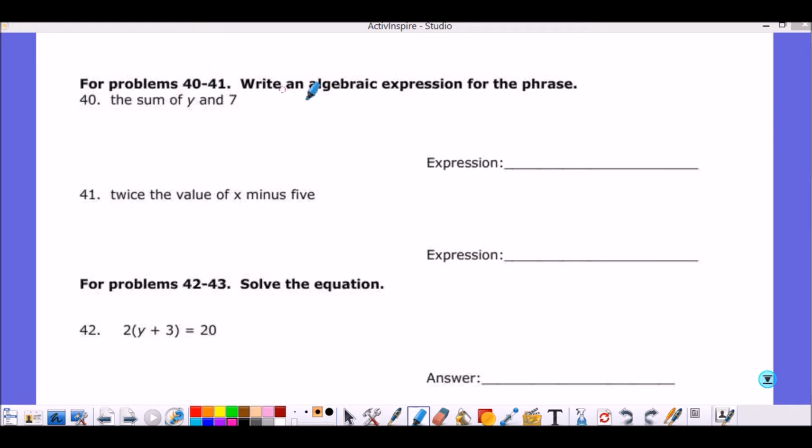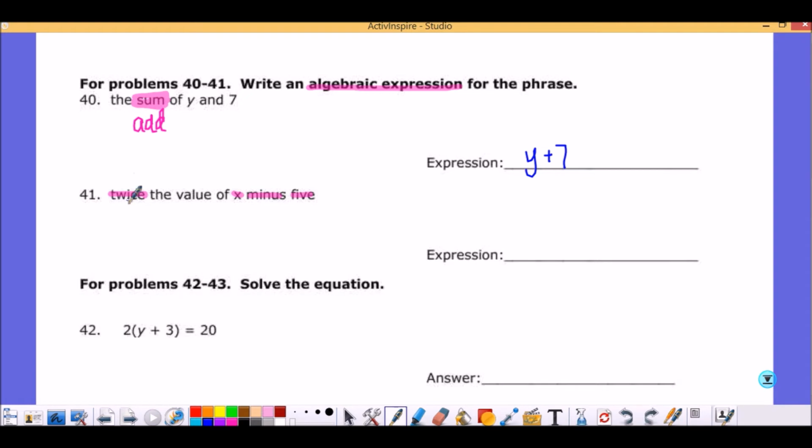For problems 40 and 41, write an algebraic expression for the phrase. So do you remember what the word sum means? That's right, sum means that I'm going to add my numbers together. So my expression will be y plus 7. All right, so let's talk about what happens when I say twice the value of x minus 5.